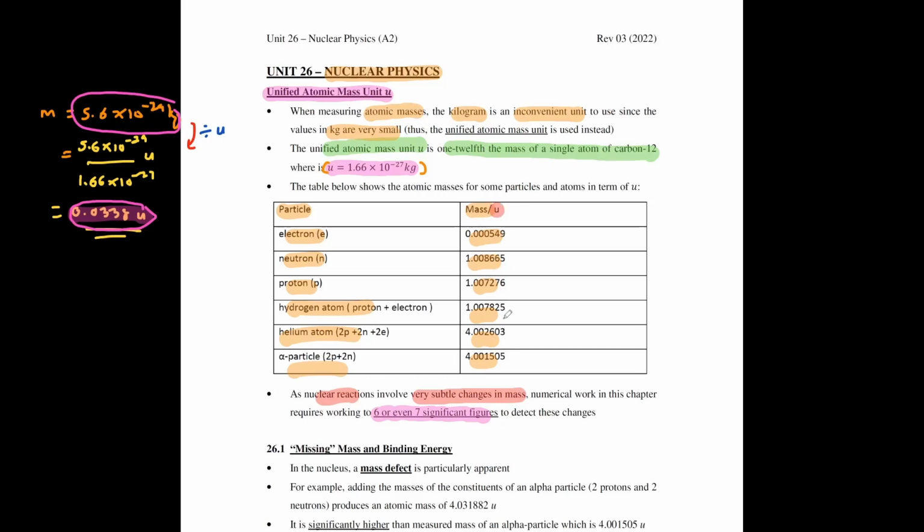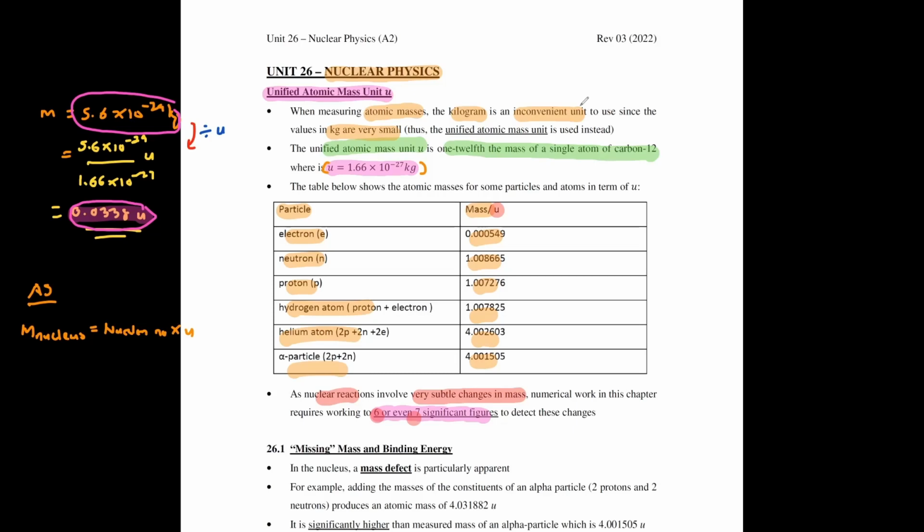So subsequently, when you do your calculations in your exam, please make sure that you maintain the same SF. Okay, don't round it up. You only round it up in your final answer. But before that, during your calculations, do not round it up at all. Okay. Yeah, and also another thing that I probably should mention to you. Remember last time in your AS, when it was mentioned to you to find the mass of a nucleus, you will actually take the nucleon number multiplied by U, right?